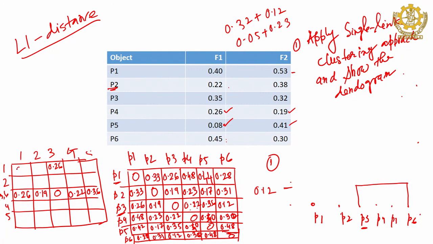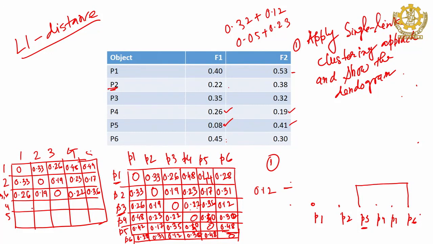Then you write it here the same way 0.33, 0.48 and then 0.44. So this is 0.33, this is 0, this will be 0.19, 0.23, 0.17. So this is a problem. 0.26 is here.